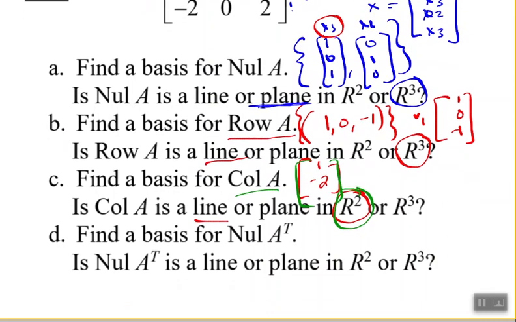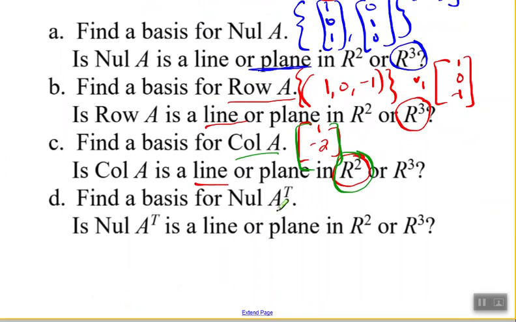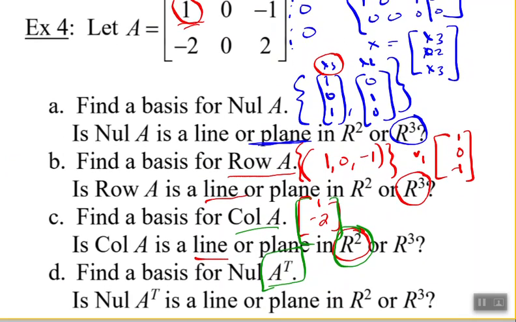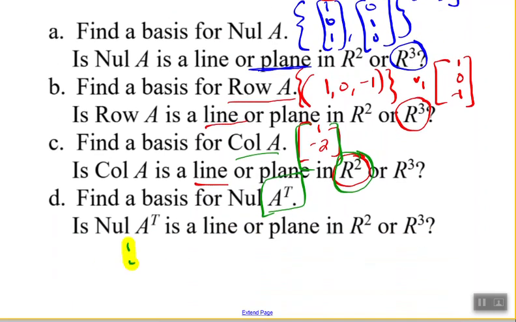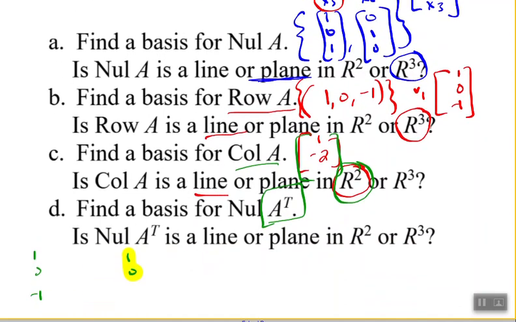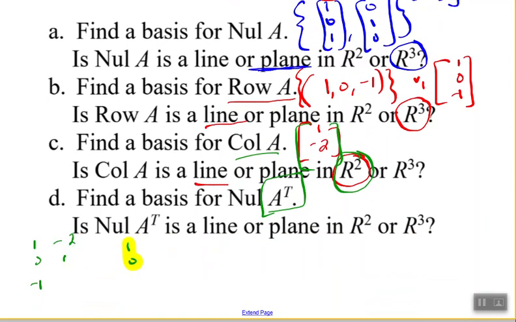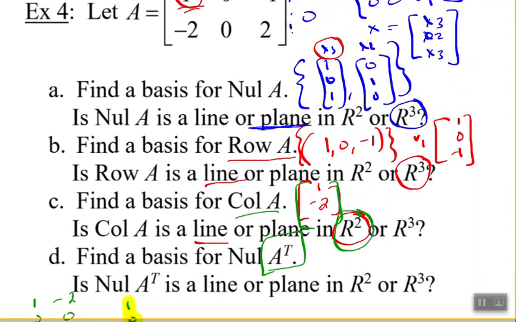The null of A transpose, so we have to do A transpose first. If I just take A and I transpose it, I have 1, 0, -1, and then we have -2, 0, +2, I think. Yep.